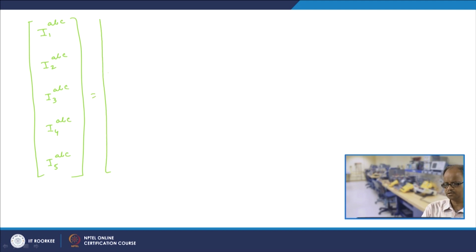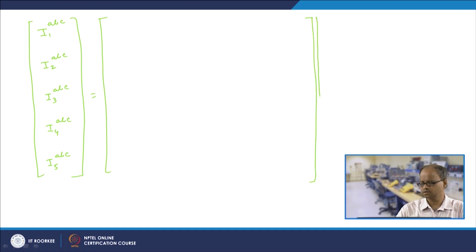So the equation will look like this: I1 ABC, I2 ABC, I3 ABC, I4 ABC, I5 ABC, equal to the matrix times V1 ABC through V5 ABC.